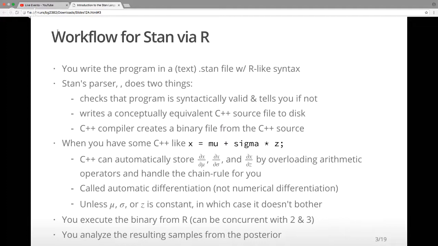And so when you have some C++ or Stan syntax, say that x is equal to mu plus sigma times z, which is basically the location-scale transformation we've been talking about. The reason why Stan uses C++ as the underlying language for doing computation is that C++, more so than other languages, or at least more easily than other languages, can automatically store the derivative of x with respect to mu, with respect to sigma, and with respect to z, using what's known as overloading of the arithmetic operators in C++.